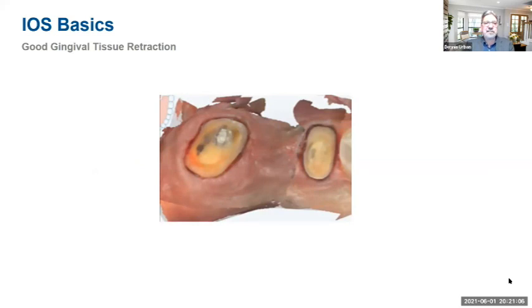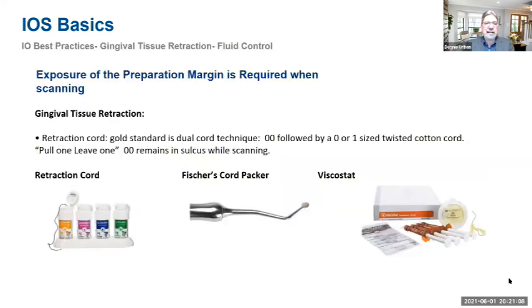So we want good gingival tissue retraction. There's a lot of different materials out there, with the retraction cords in combination with the fluid material. So there's Viscostat out there. There's a lot of choices as far as picking the right materials, retraction cords, and also retraction pastes.